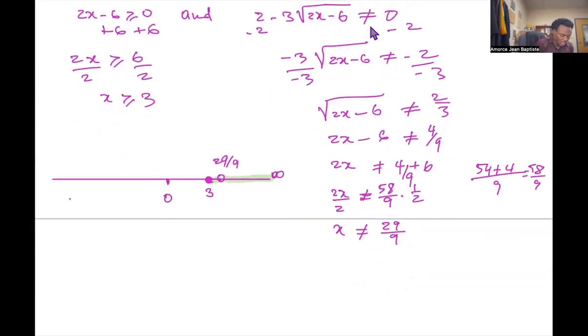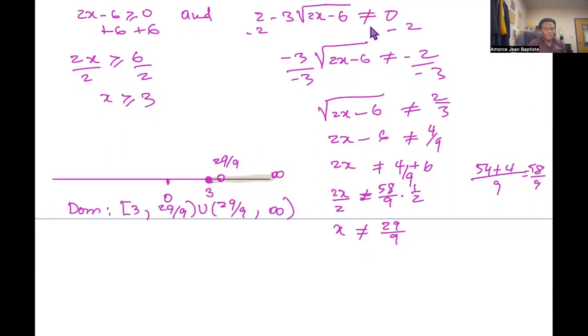So the domain is from 3, bracket because it's included, to 29/9. We're not including this because we want to exclude it. Union 29/9 to infinity. That will be your domain. I think that solves all types of domain we want to go over.